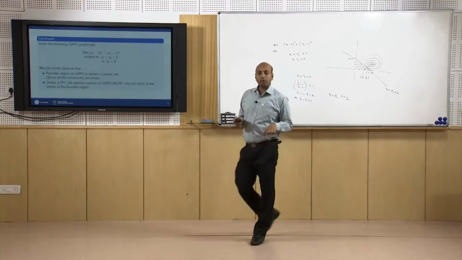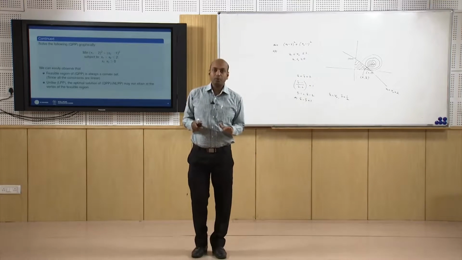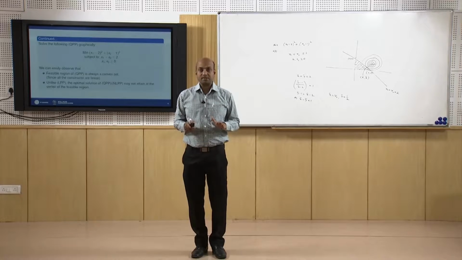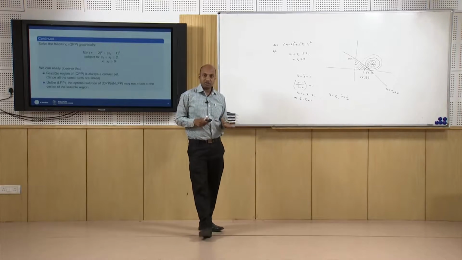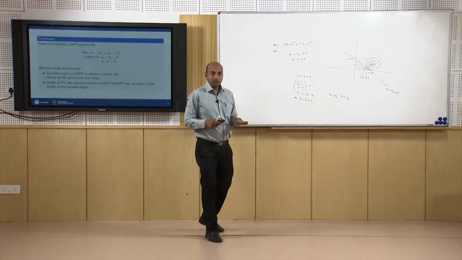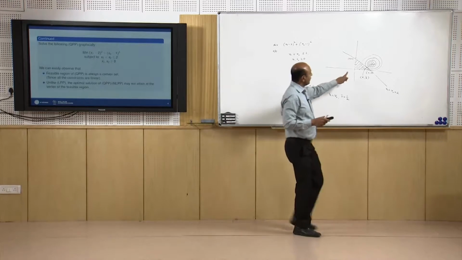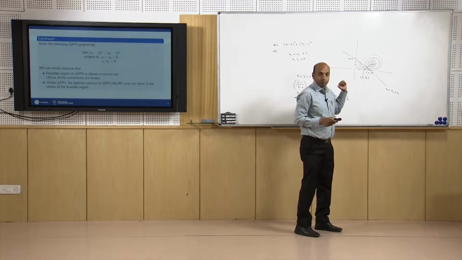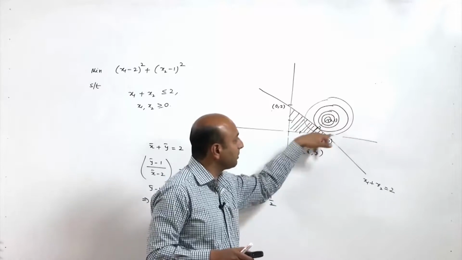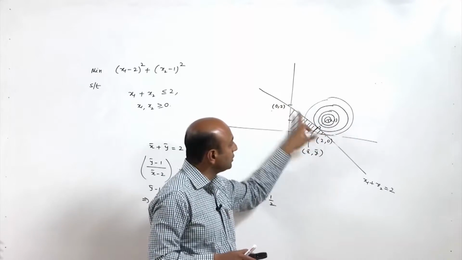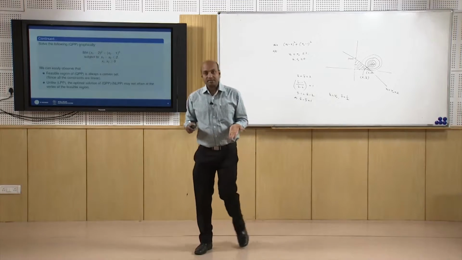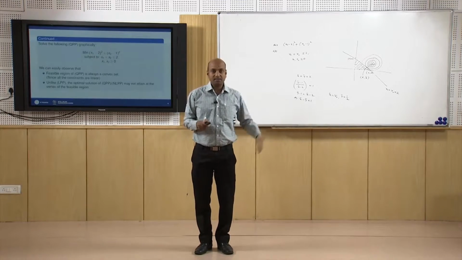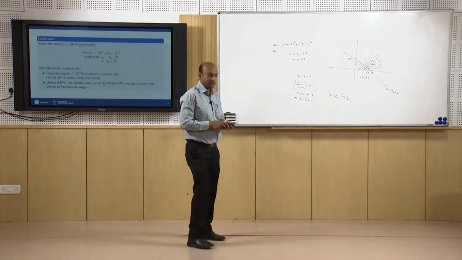In linear programming problems, what do we have? In a linear programming problem, the optimal solution, that is the minimum or the maximum of the objective function, is always attained only at the vertices. However, in a quadratic programming problem it may be attained at points other than the vertices, as we have already seen in this particular example.